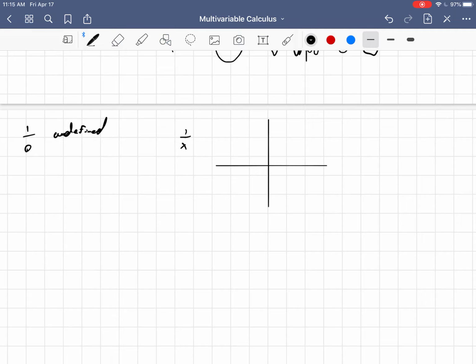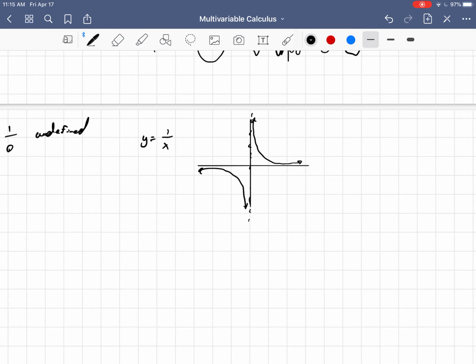If we consider the graph of 1 over x, this is a hyperbola actually, and so it looks something like this, roughly. It's a hyperbola, y equals 1 over x, or xy equals 1.